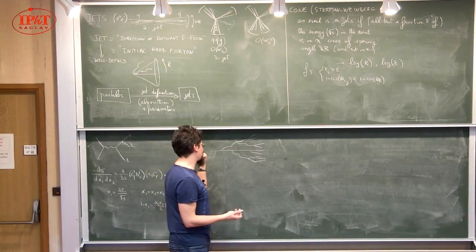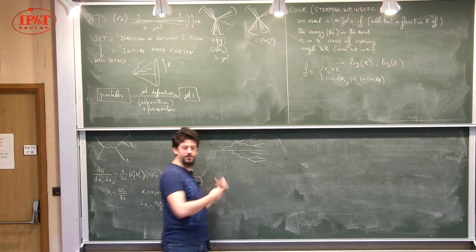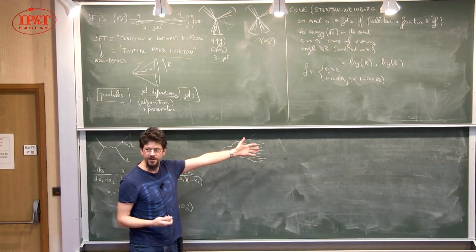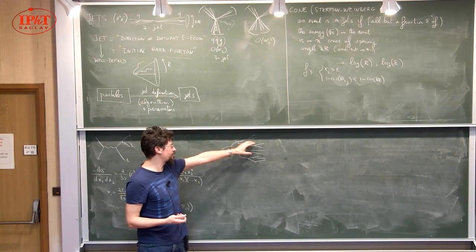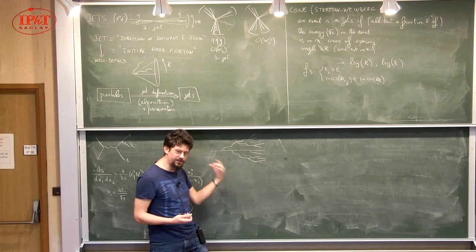So if I have a list of particles like this, I would expect them to come from successive branchings of partons. And so instead of reconstructing a jet as a whole object, I can try to undo this list of branchings.